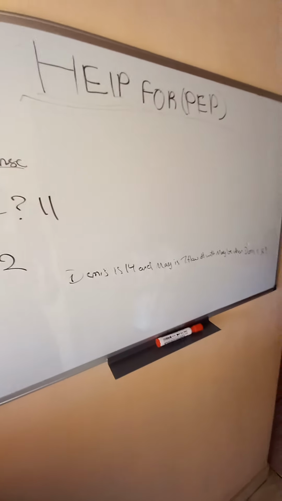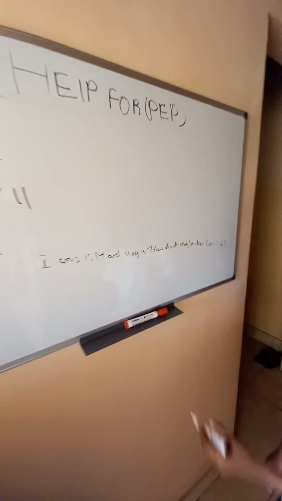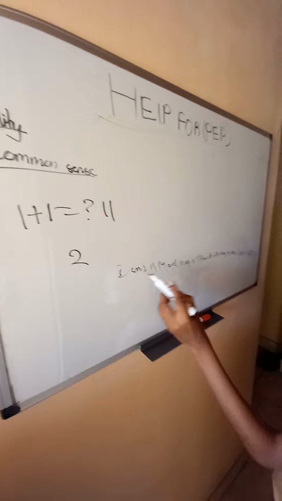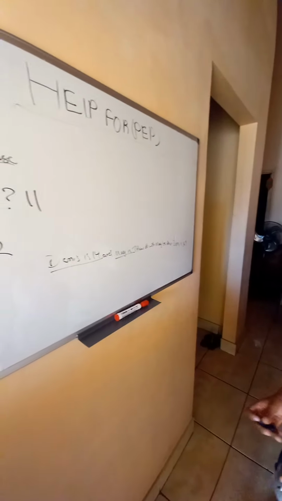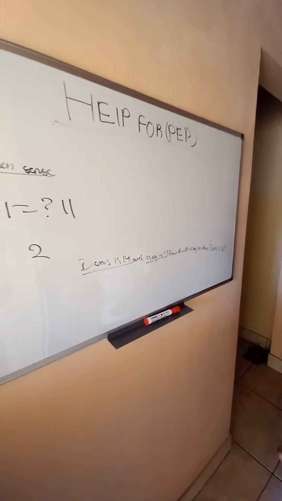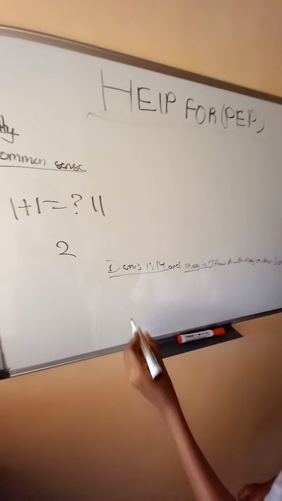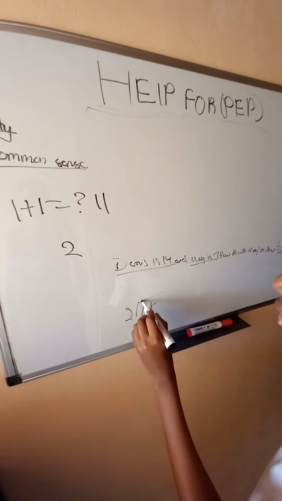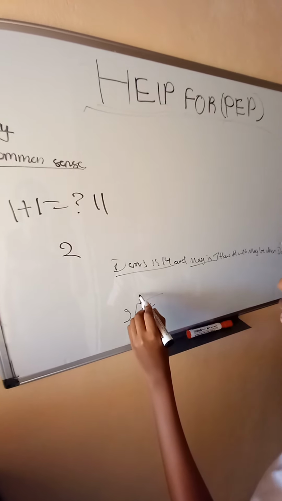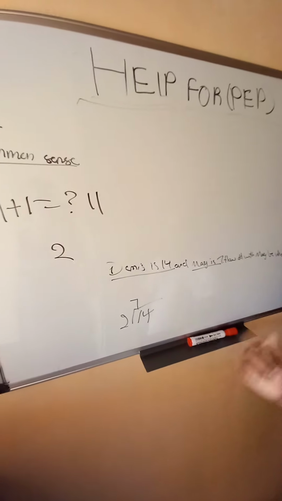And now that is just common sense, because after you know that Dennis is 14 and Mary is 7, you go into your timetable and say 7 times 1 is 7 and then 7 times 2 is 14. So obviously when you put 2 into 14, you get 7. And so that's what many of us don't know.